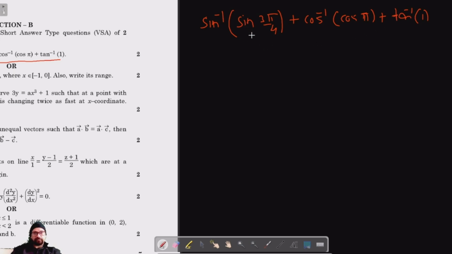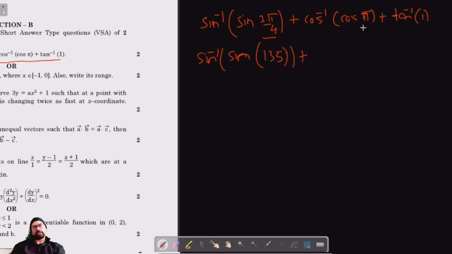Now, 3 pi by 4 does not belong to the principal range of sine inverse, which is minus pi by 2 to pi by 2. So we will have to get this into the range. Sine inverse sine 3 pi by 4: to understand it more clearly, let me write the value of sine 3 pi by 4 in degrees, which is sine 135 degrees.